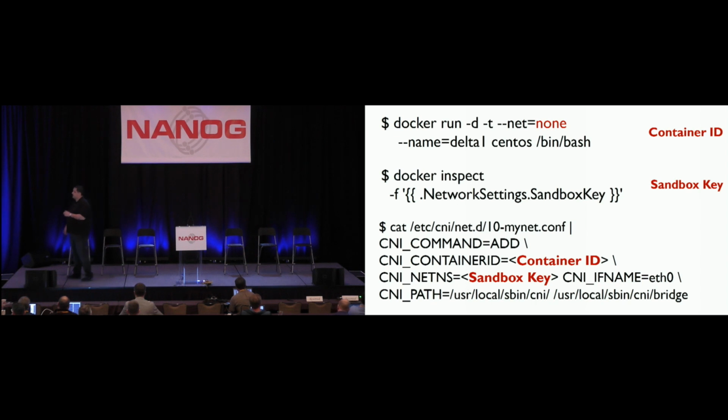What you have to say to that binary is, when you call a binary, you can pass environment variables into your executable. And here we pass 5 environment variables: CNI command, CNI container ID, CNI namespace, and the interface that you want to use for the container, as well as the path for other binaries. Although in this case, we only call the bridge driver.